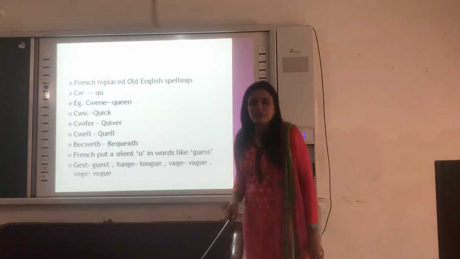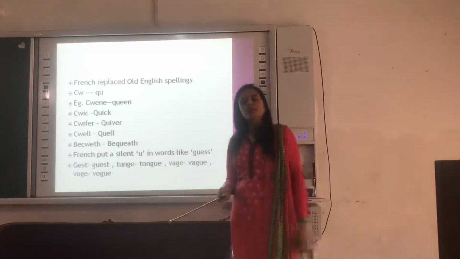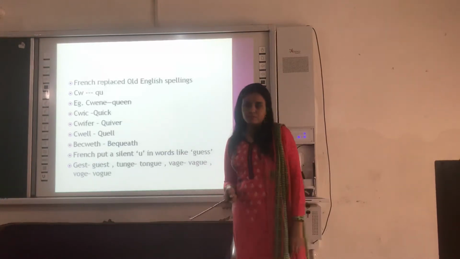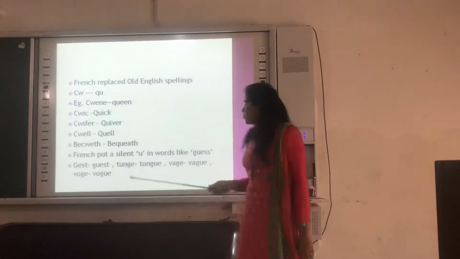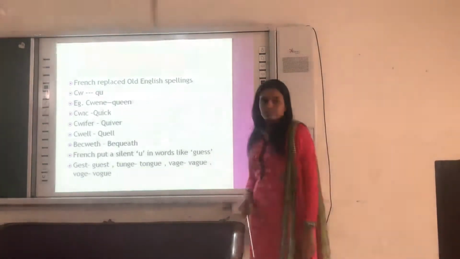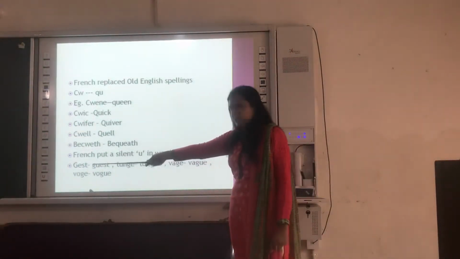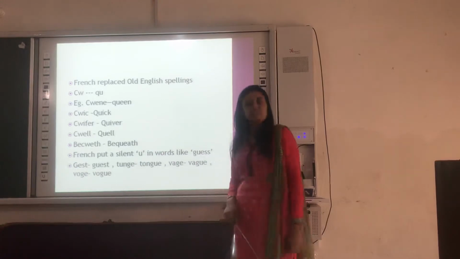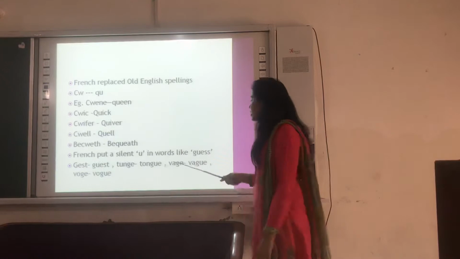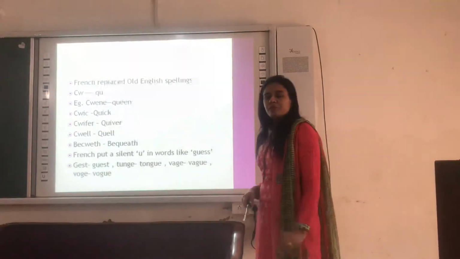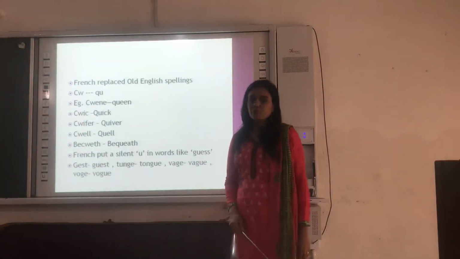The reason behind this was, in French, the combination of GE used to be pronounced as J. So in order to pronounce it as G, French put a silent U between G and E. So words like GEST became GUEST, then TUNGE turned to TUNGUE, tongue, then VAGE became VAGUE, vague, and VOGUE, vogue.